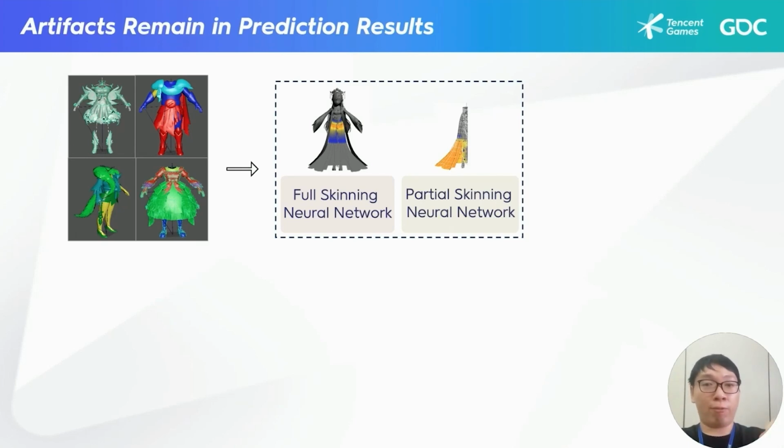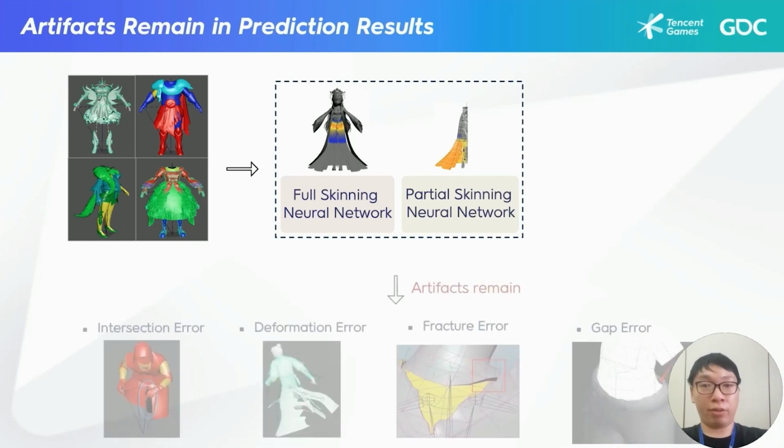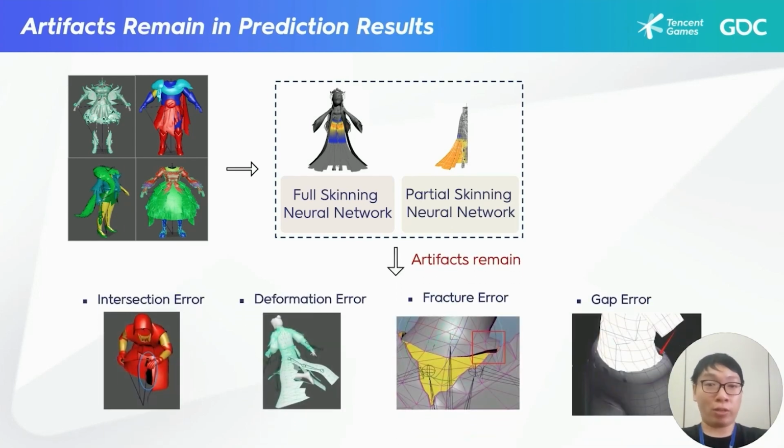After performing full and partial skinning process, some issues still remain, as shown in the figure. We have identified 4 types of errors, namely intersection error, deformation error, fracture error, and gap error. To reduce the need for manual adjustments, we have developed a suite of geometrical processing tools to address these issues.